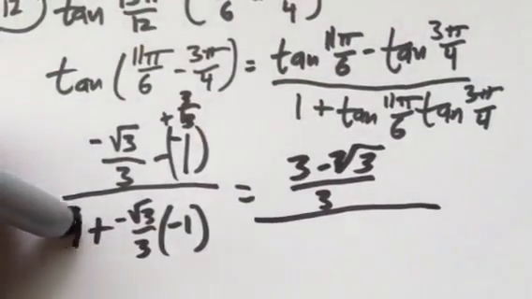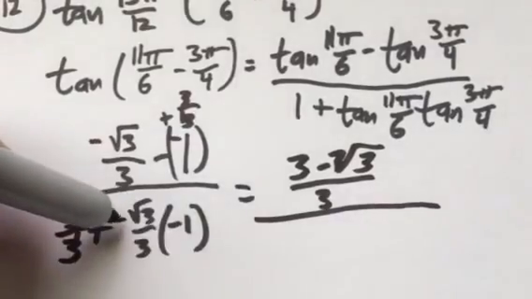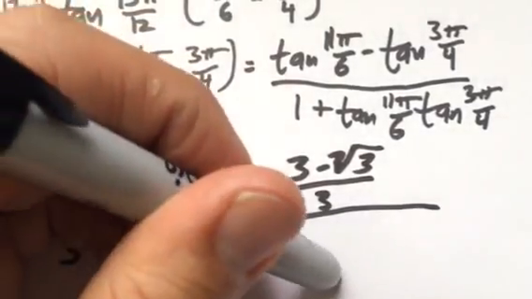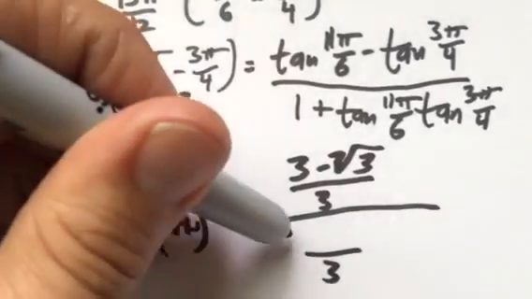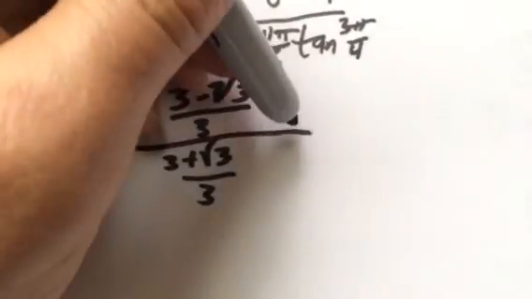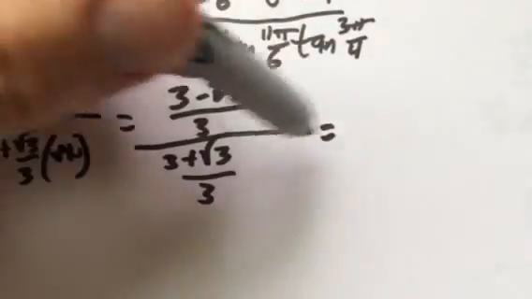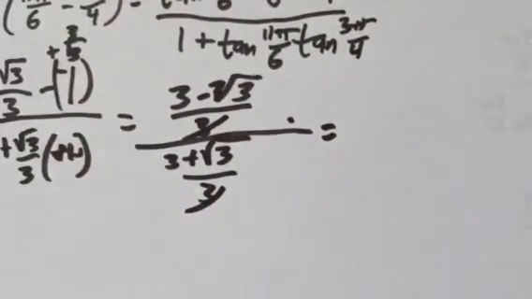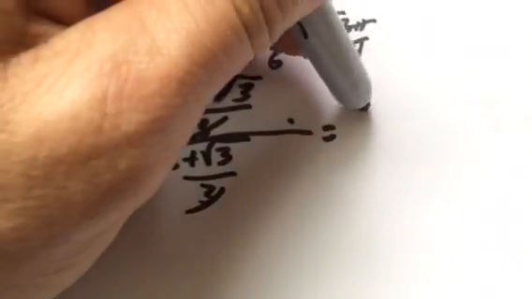I'm going to think of this 1 as a 3 over 3. Negative times a negative is positive. So this is over 3, and it's 3 plus root 3. And boy, that's a big fraction bar. Those thirds, 1/3 divided by 1/3 is 1. So I'm going to think of this as 3 minus root 3 over 3 plus root 3.